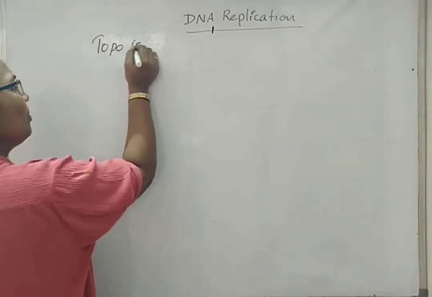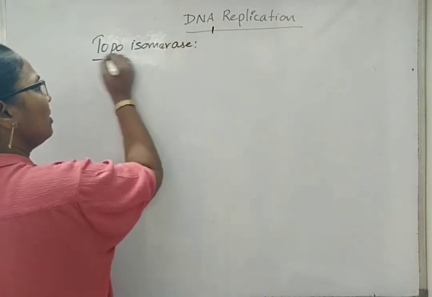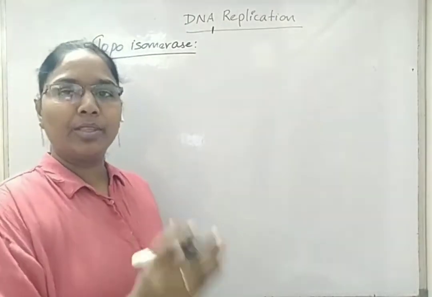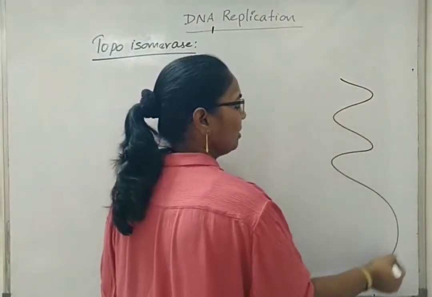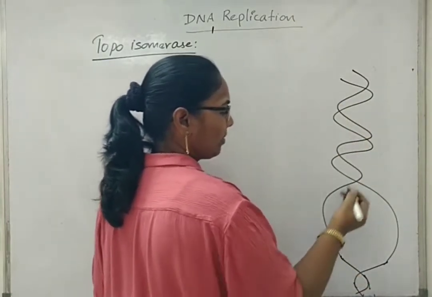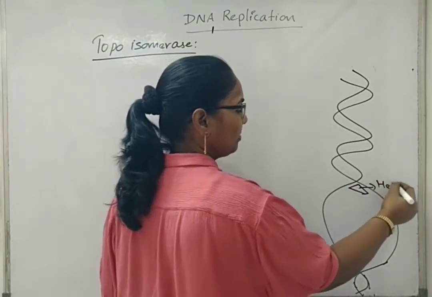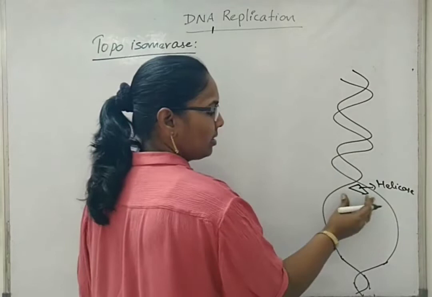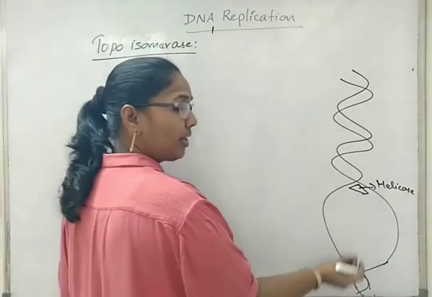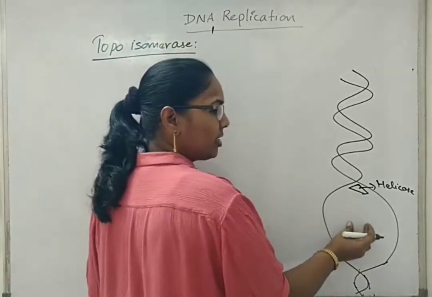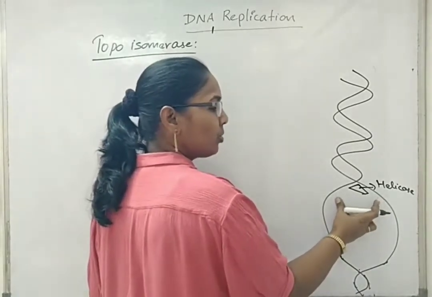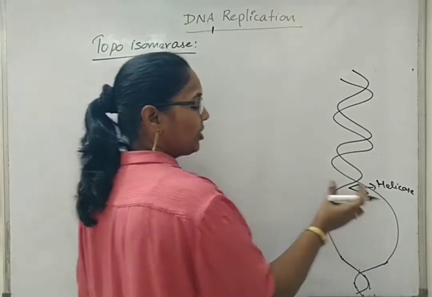The next enzyme is topoisomerase. Topoisomerase helps in releasing the tension between the coiling strands. Suppose this is the DNA strand that is unwound with the help of the helicase enzyme. So think that helicase is present here. Now these two strands are unwound. Then on the other side, the strands tend to recoil. That recoiling is stopped by topoisomerase to maintain the gap or distance between these two strands which are involved in DNA replication.